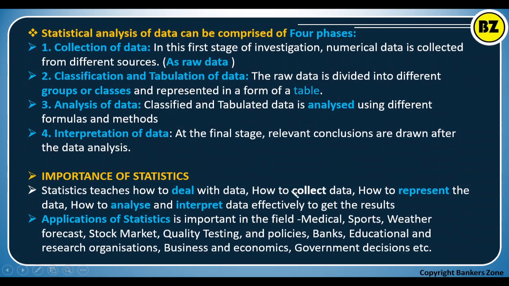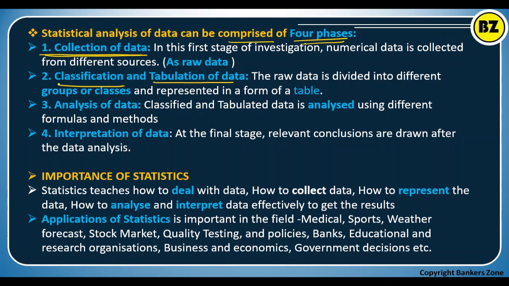Now see, statistical analysis of data can be comprised of 4 phases. So how do we analyze data in statistics? There are 4 phases. The first phase is the collection of the data. Statistics is nothing but a group of data, a group of numbers. Second, we have to classify and make the tabulation, meaning tabular form.